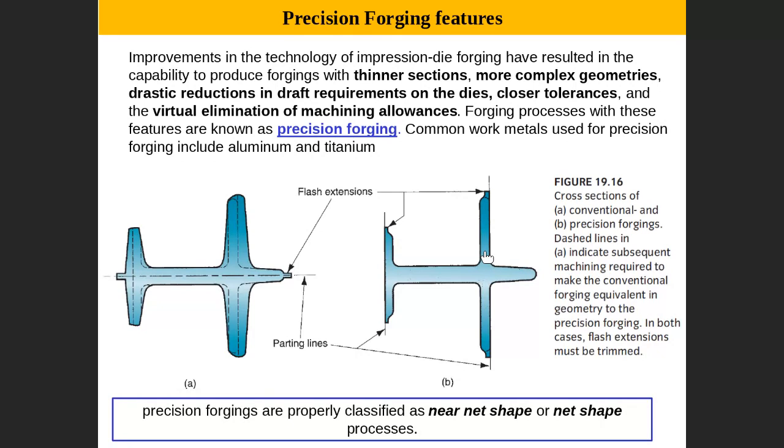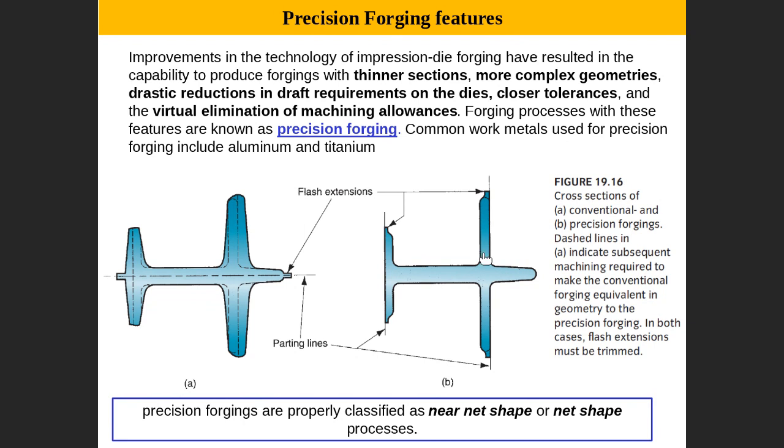If you can achieve the process totally by forging or by forming without need for machining, it will cost less. People are always looking for money: how to reduce the cost, how to increase the profit. This is the issue. It means thinner sections or complicated geometry, simplification of process, reducing the draft requirement and closer tolerance.